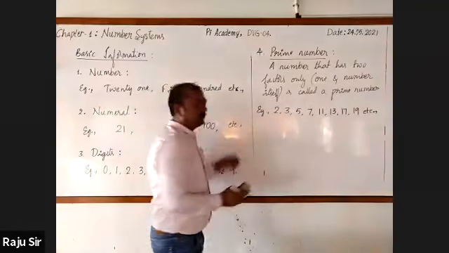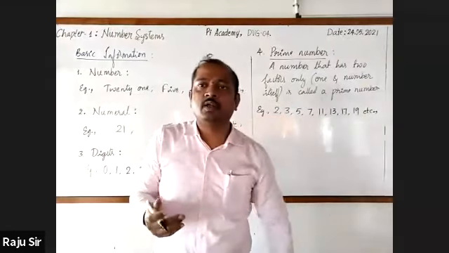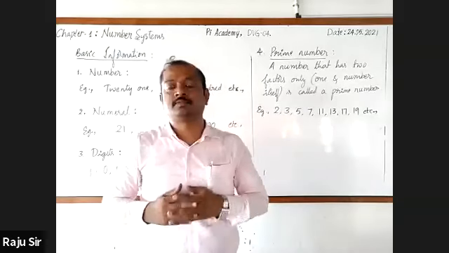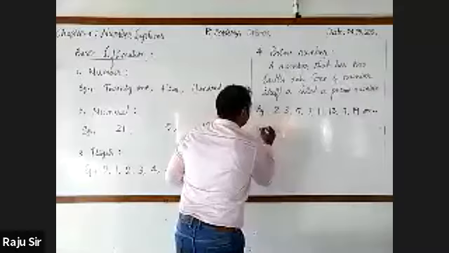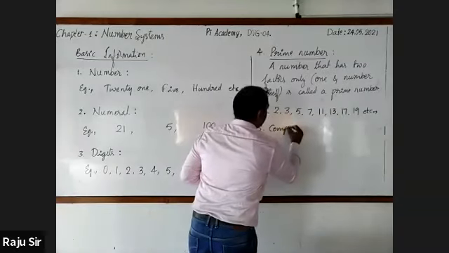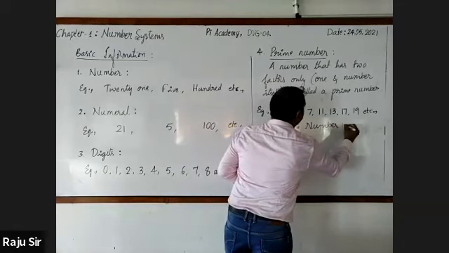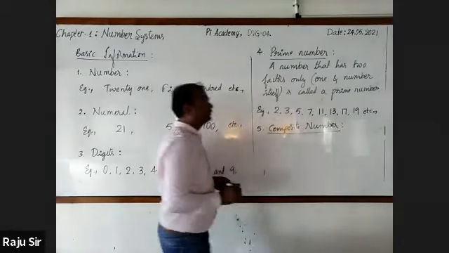Then you all will be thinking, what do we call a number that has more than 2 factors? Composite number. Please write. Fifth one: composite number. Write the definition for this.